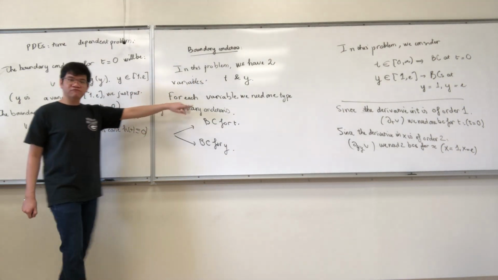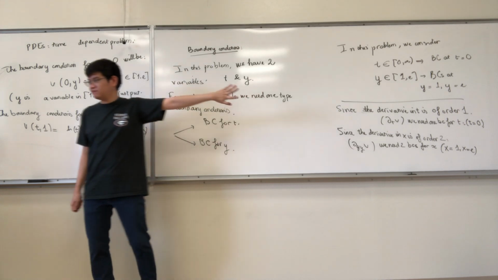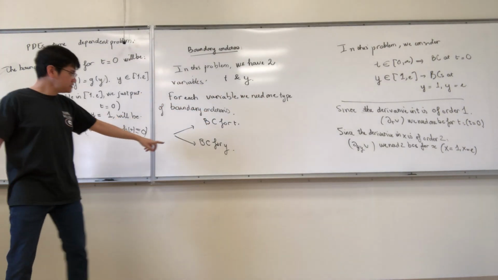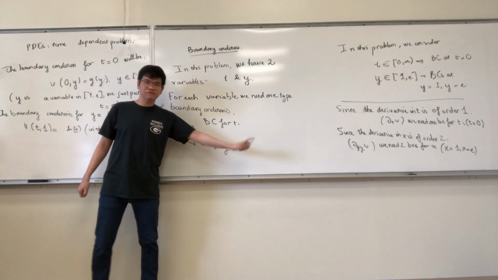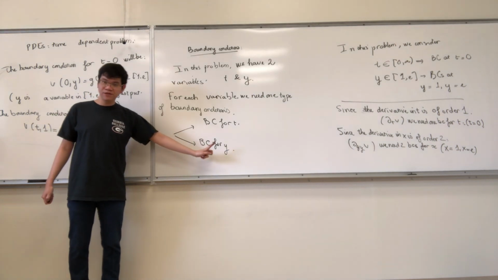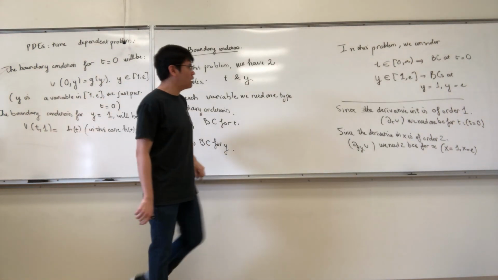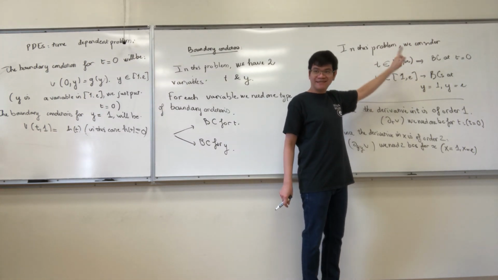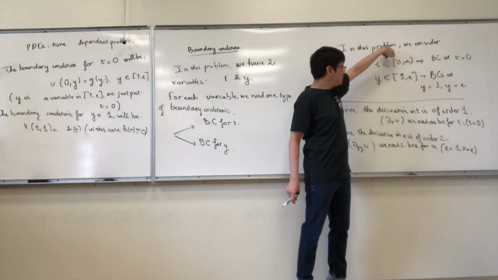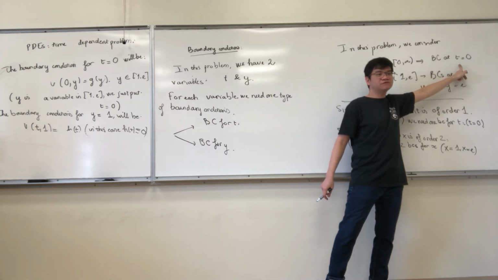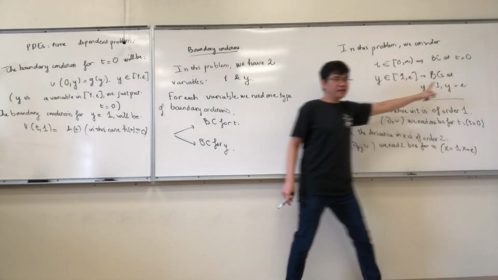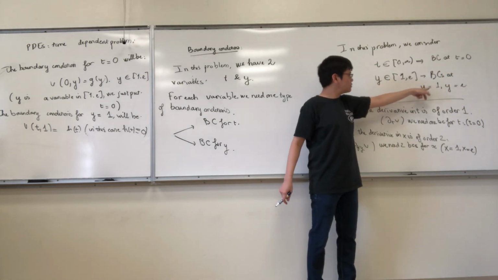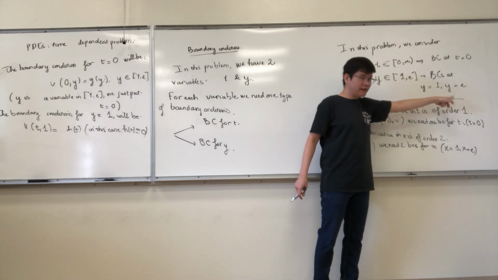For each variable, you have to have boundary conditions. In this case, you need a boundary condition for t, and you need a boundary condition for y. In this problem, t is from 0 to infinity, so you need 1 boundary condition for t at 0, and y is from 1 to e, so you need 2 boundary conditions at 1 and e.